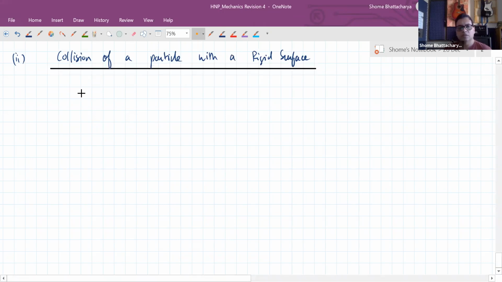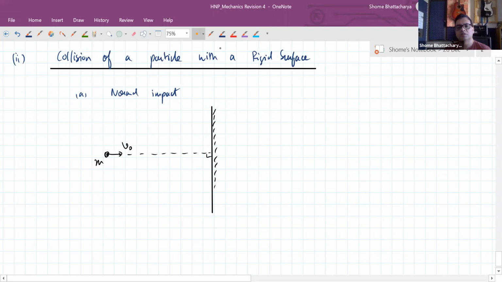So anyway, normal impact, or when the impact is perpendicular to the plane of the surface. So we have a rigid surface like this, and a particle moving at a speed v0, such that its velocity is perpendicular.